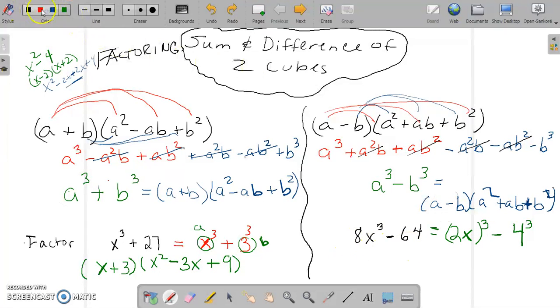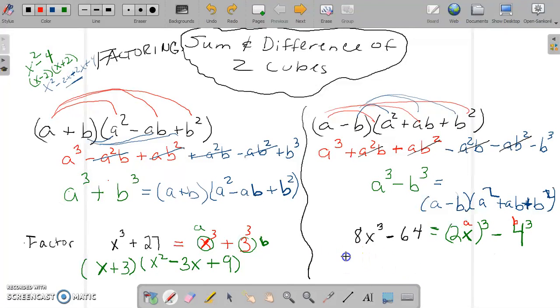So now you've got an a, this 2x right here is your a, and your 4 is your b.